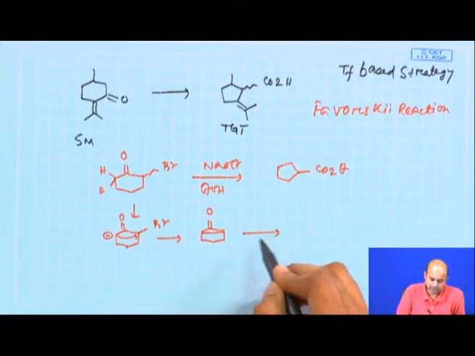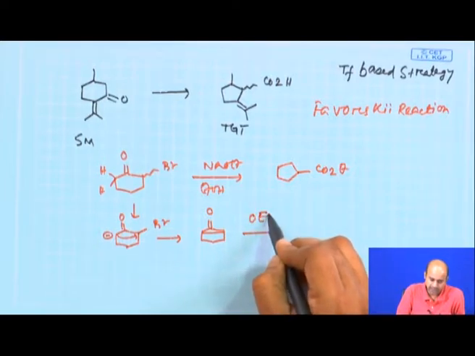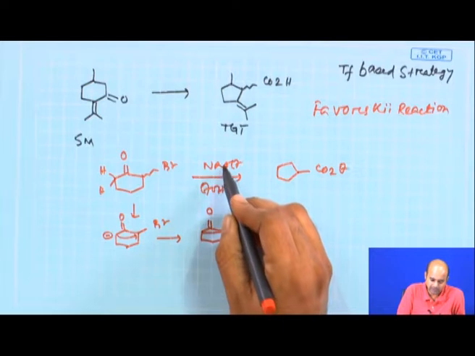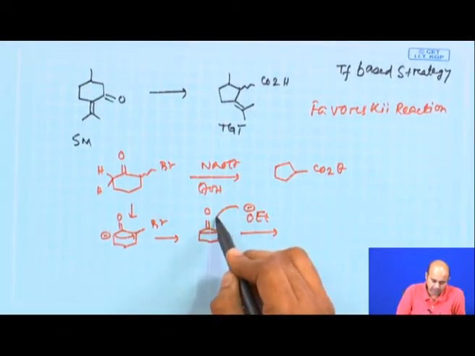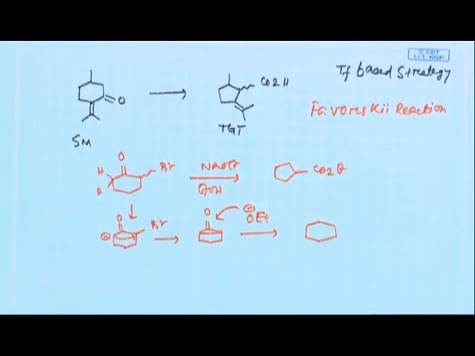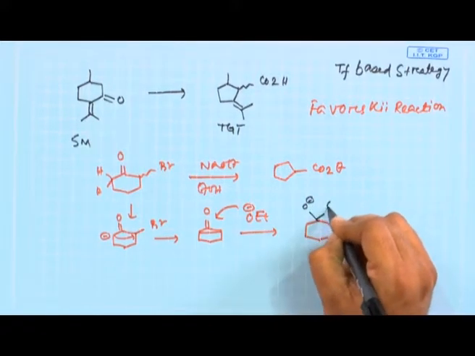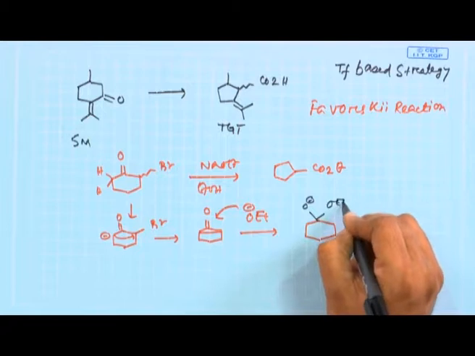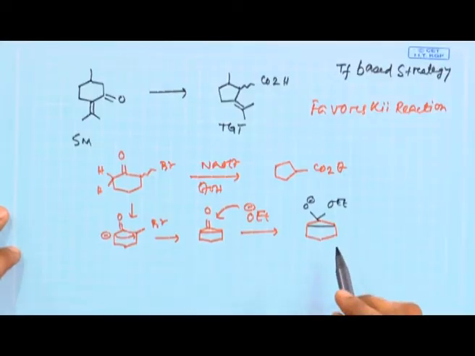Now this strained thing is attacked by a nucleophile which is present in this reaction mixture, ethoxide. This ethoxide attacks here, and once it attacks, it gives a tetrahedral intermediate, fine, but the 3-member ring remains the same. And as I said, 3-member rings are usually very strained. The strain release will be the main factor.